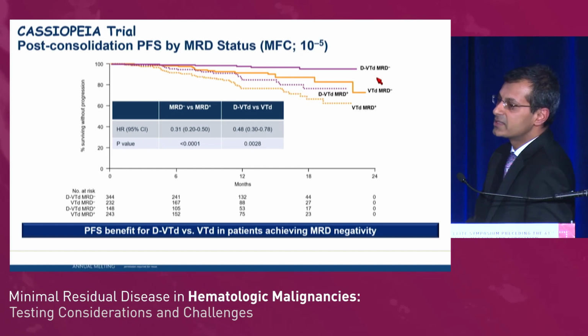In fact, there was a more sustained response among patients who had received the quadruplet compared to the triplet. So even if you have achieved an MRD negative state, it may not be equivalent to an MRD negative state with another therapy.